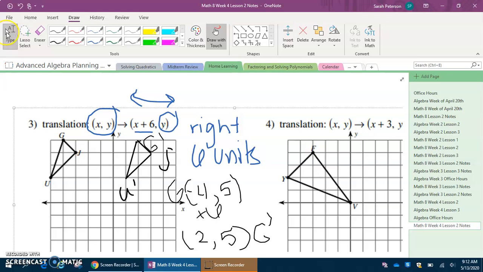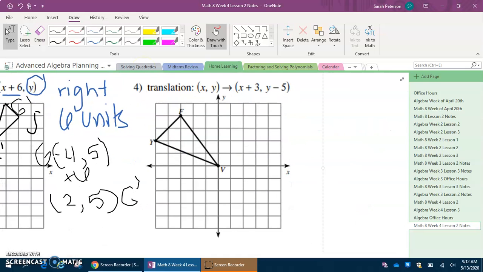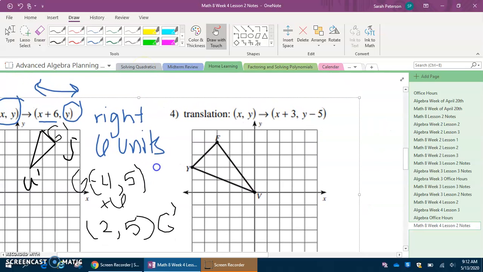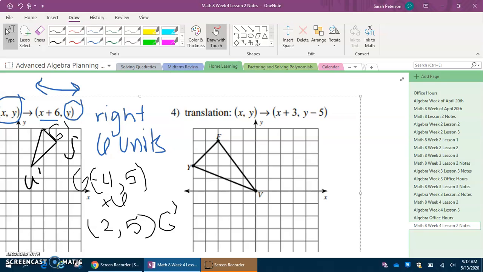So then if I look finally at this fourth example, I can slide it over. It's telling me to add 3 to the x value and then minus 5. So let's look at what this does to the y value. If I start at 0, 0, that means I'm going to add 3 to the x, so I'm going to go right. And then it says take your y-axis and go minus 5. So that means I'm going to go down.